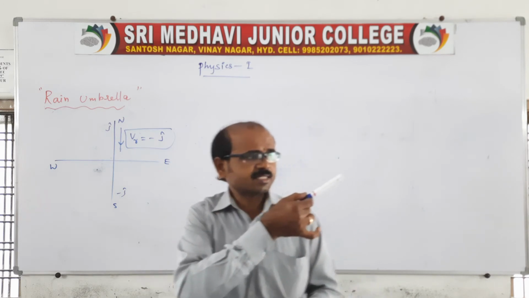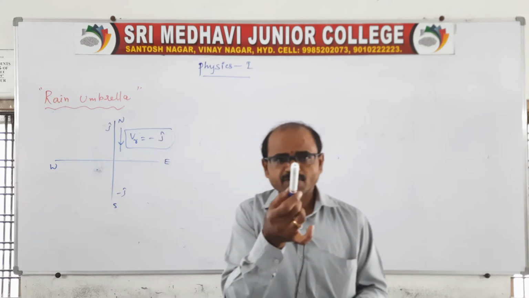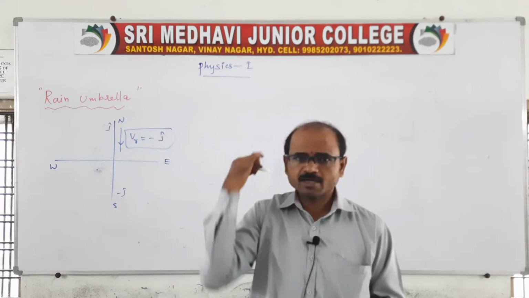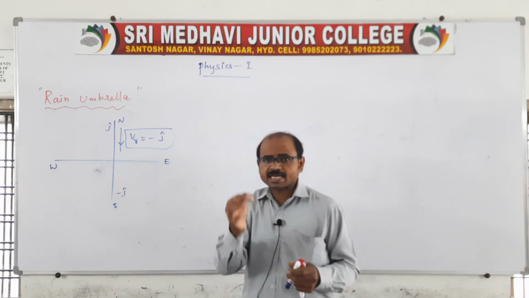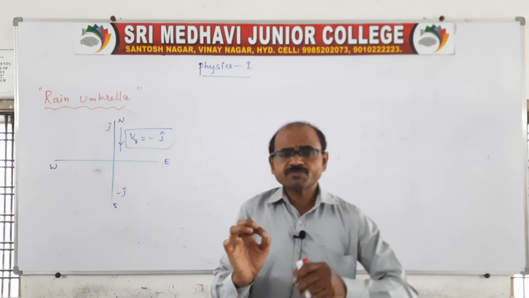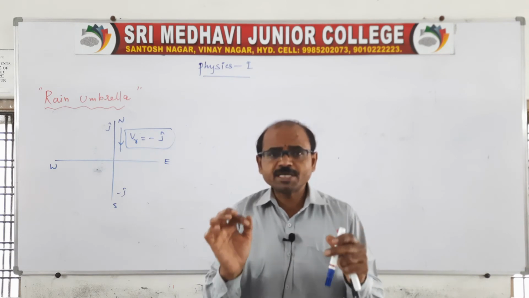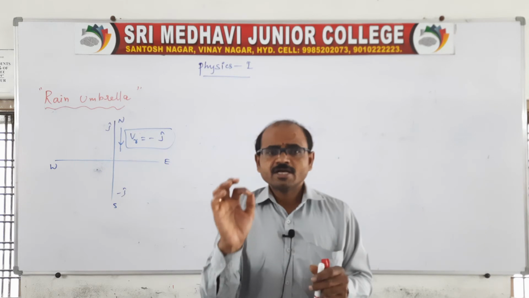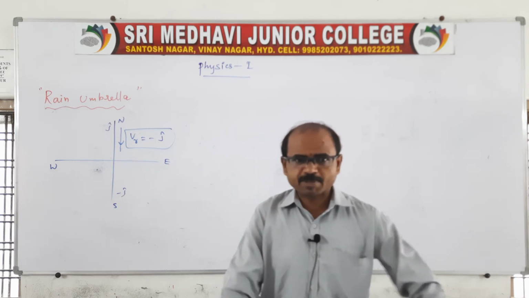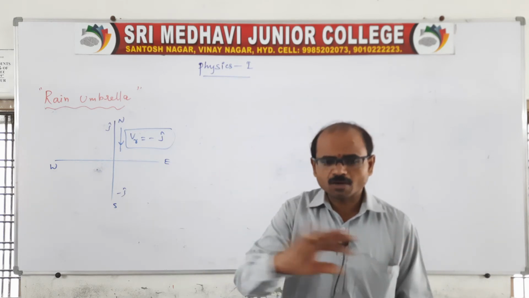If falling like this, we keep it like this. If it falls from the back, we can keep it accordingly. The umbrella is always in the direction of the relative velocity of rain with respect to man.